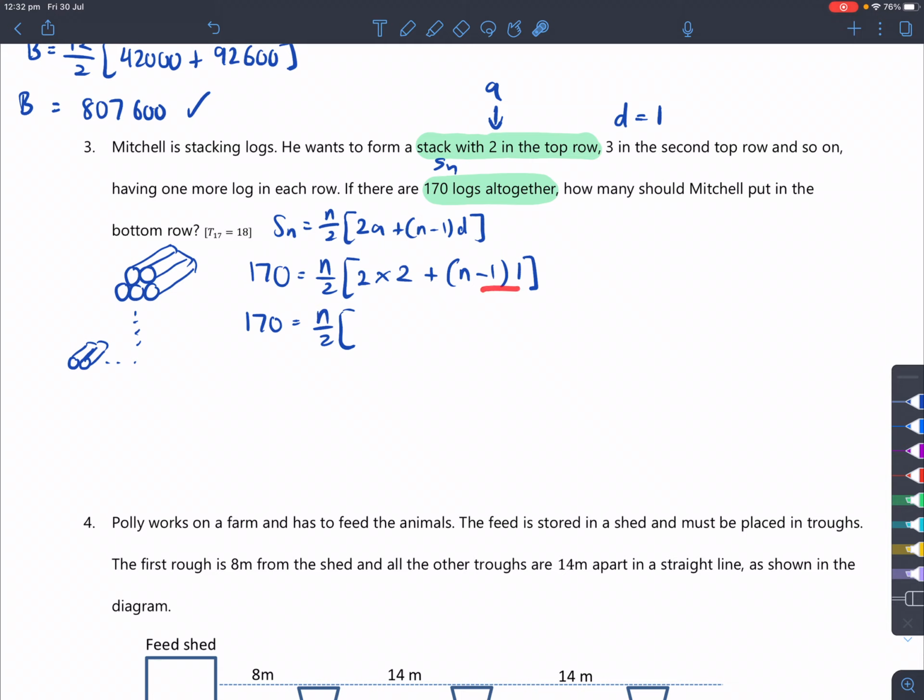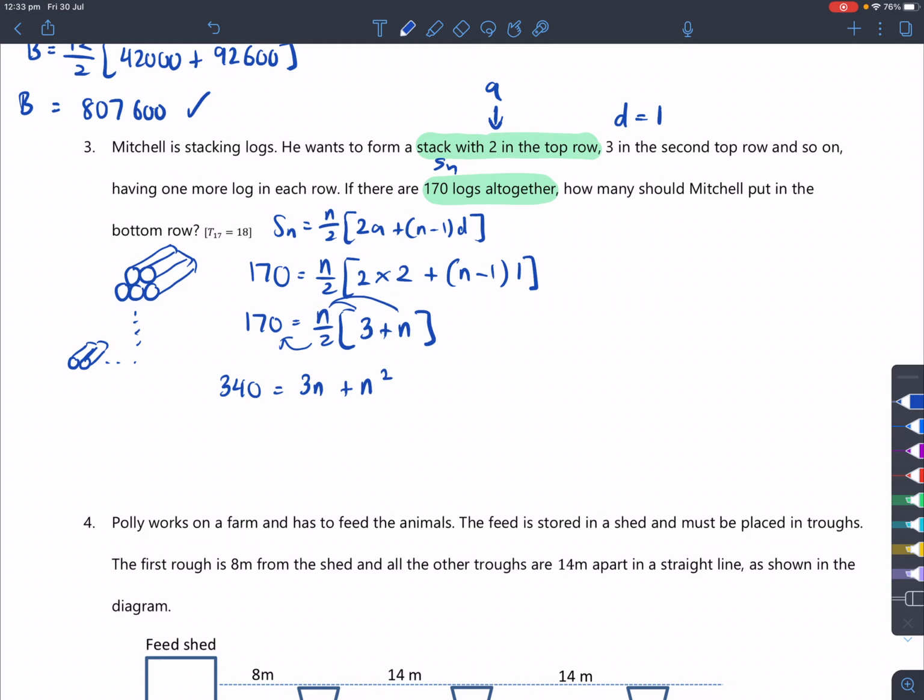Well, that minus 1 and that 4 will simplify to give you 3. So you get 3 plus n. We're going to expand the n with both these terms inside, but the 2 on the other side. So 2 times 170 gives us 340. n times 3 is 3n, and n times n is n squared.